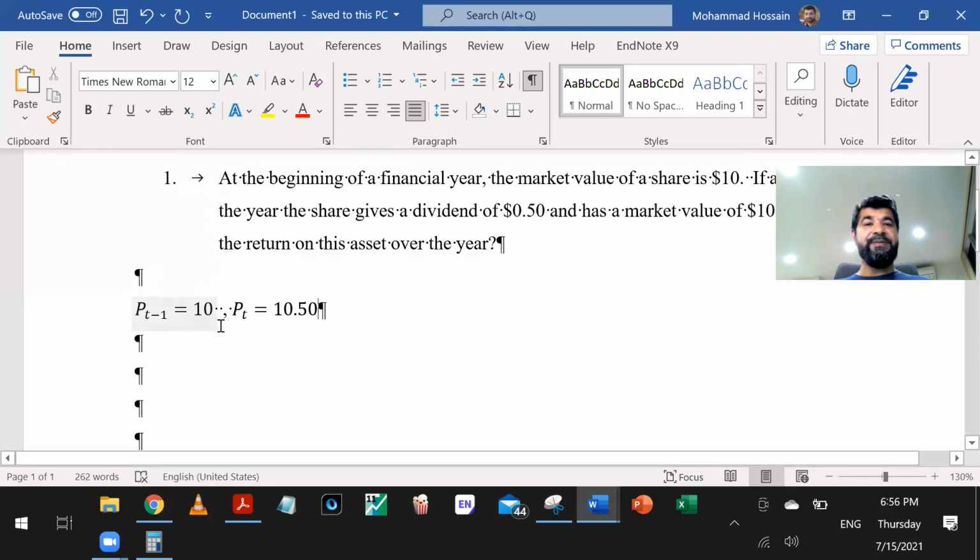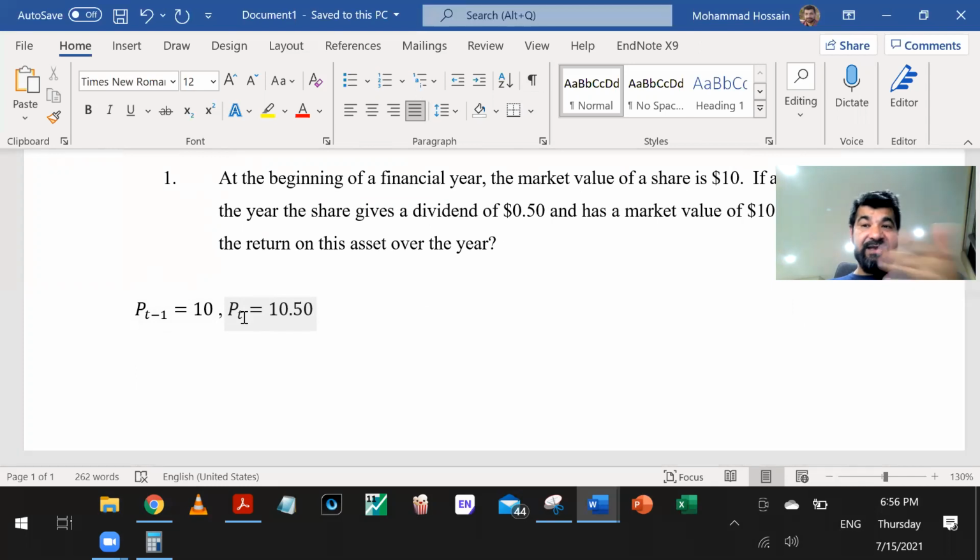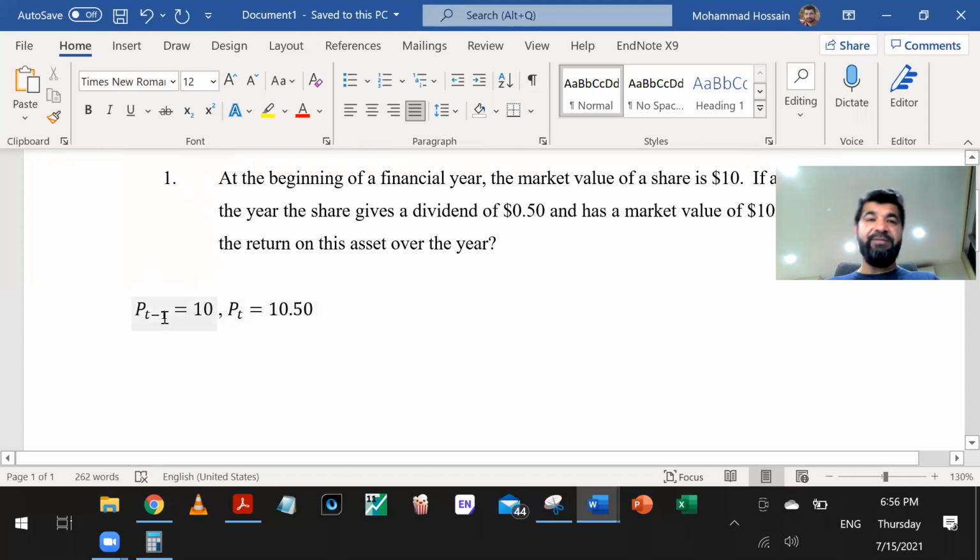PT means current, today, and T minus 1 means last year. If it is calculated yearly, it's last year. If it is monthly, T is this month, T minus 1 means last month, T plus 1 means next month. Okay, that's how we use this in finance.